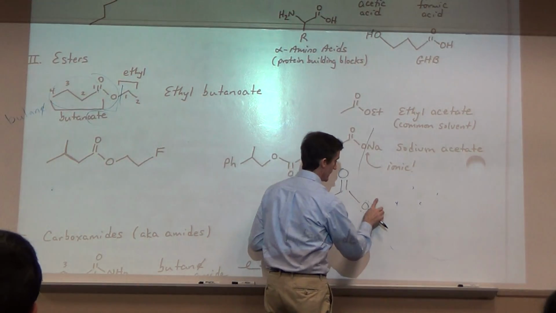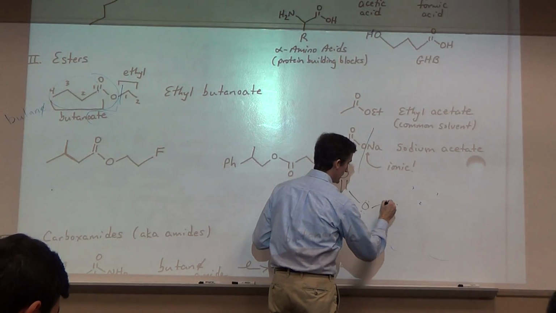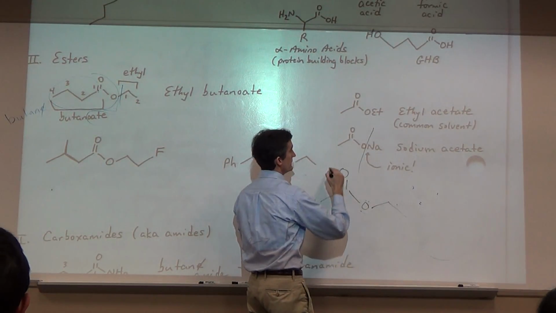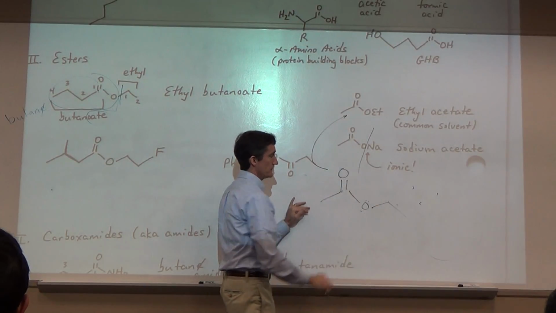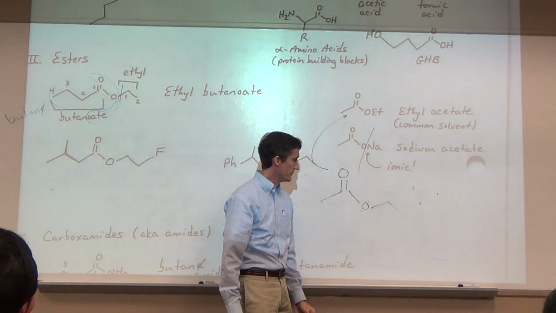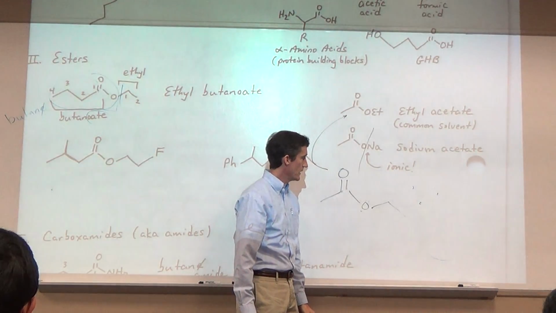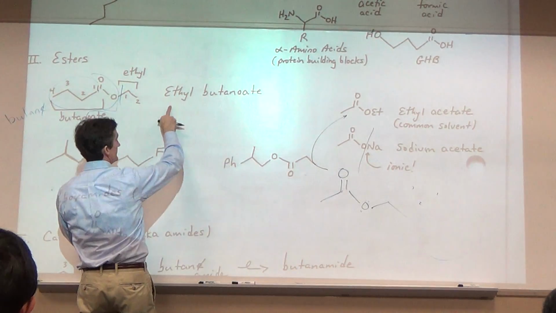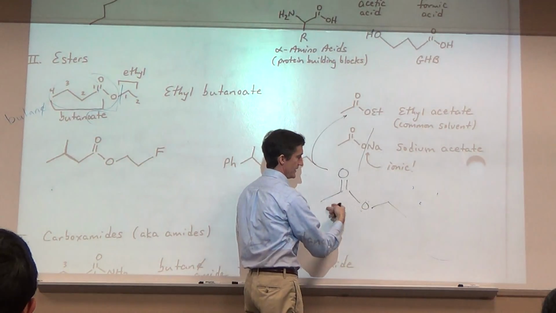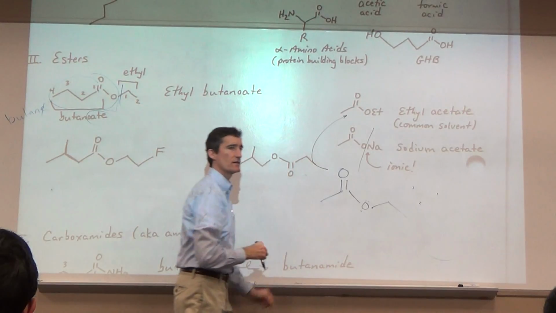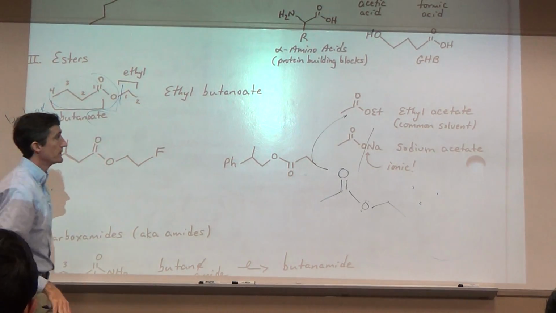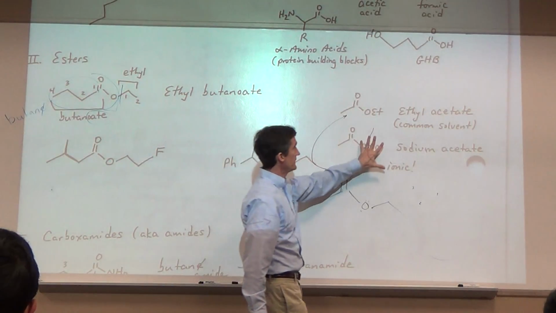Now, if you put an ethyl on here, which is covalent, that's called ethyl acetate. This is covalent, though, with the ethyl group. So it's ethyl acetate, like ethyl butanoate, but it's not called ethyl ethanoate. Ethanoate is not called ethanoate, it's called acetate. So do know that.